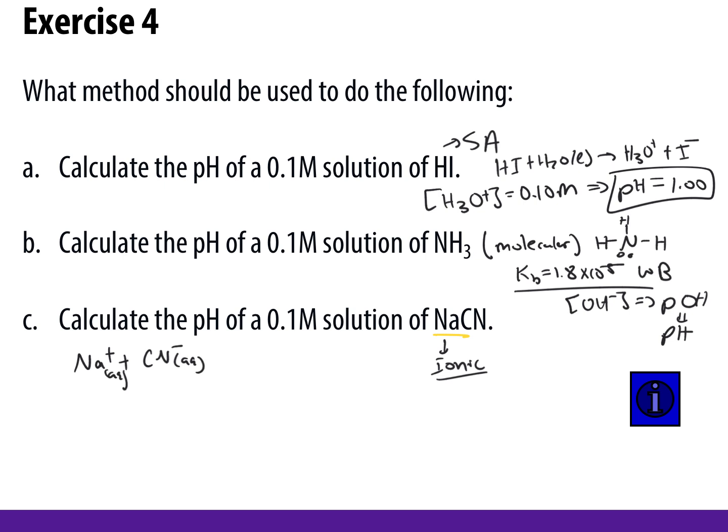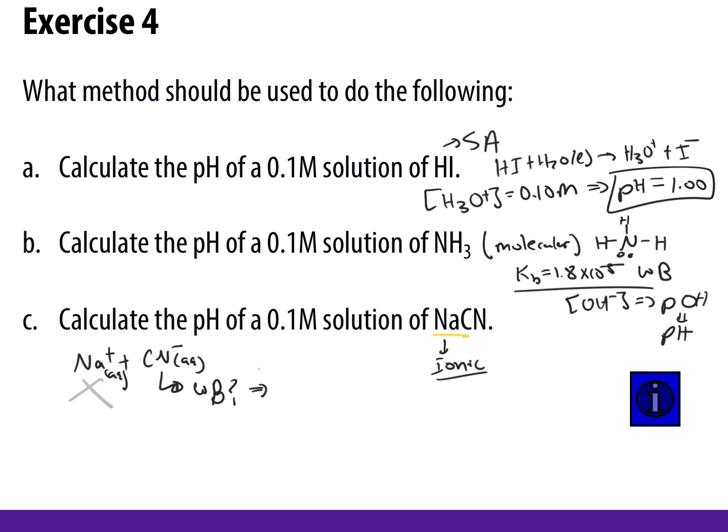Na+ is one of those ineffective acids that doesn't affect pH, but what about CN-? CN- is negatively charged. We should be suspicious that this is some sort of weak base because that negative charge could pick up a proton and become a neutral molecule.